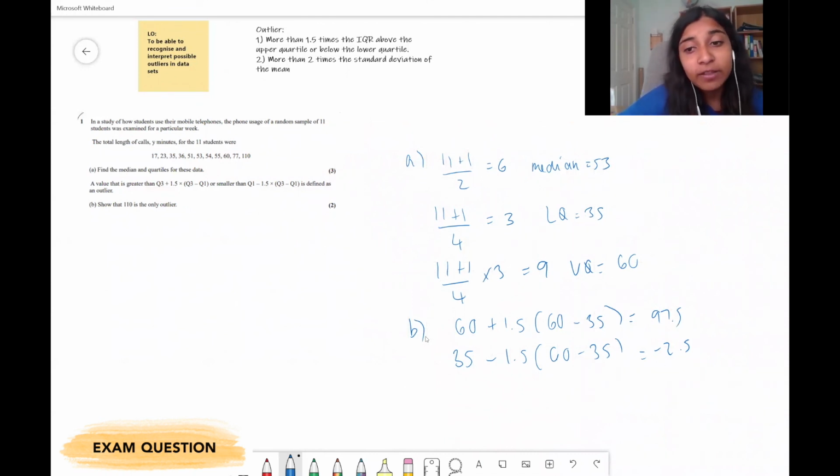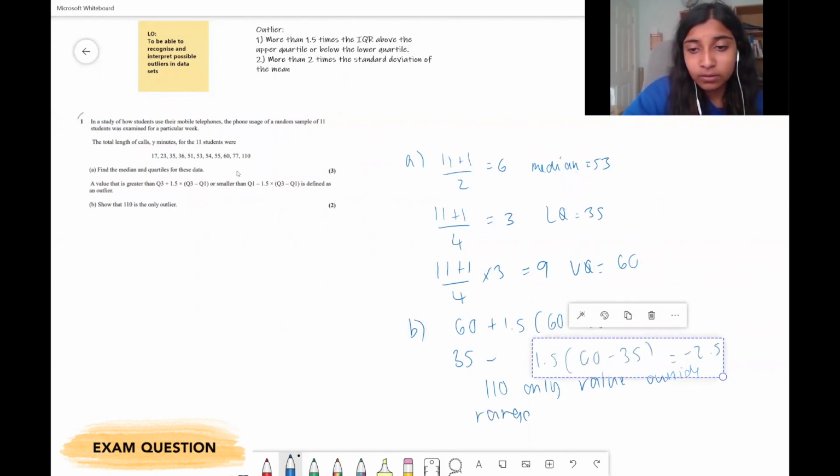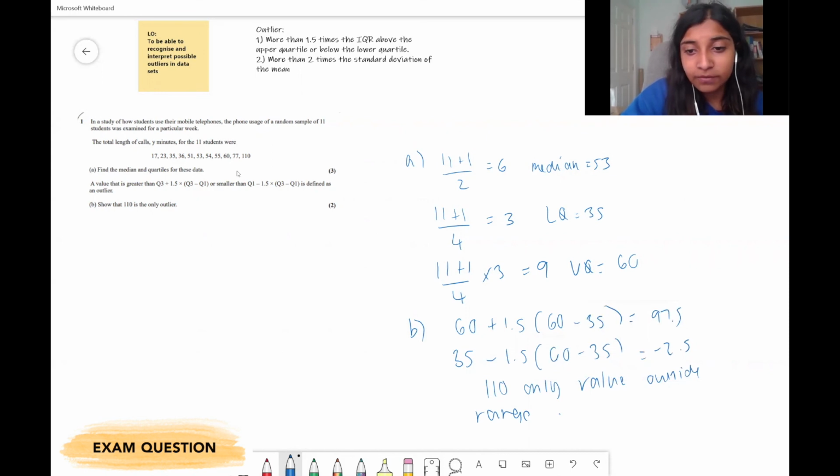The only value outside this range is 110. So we can say 110 is the only value outside the range, and therefore 110 is the only outlier. That's your answer to this question.